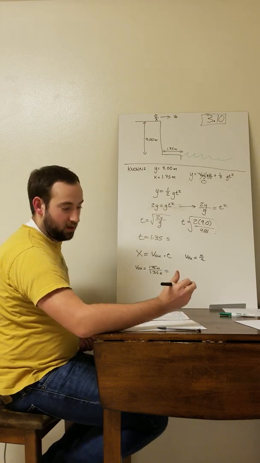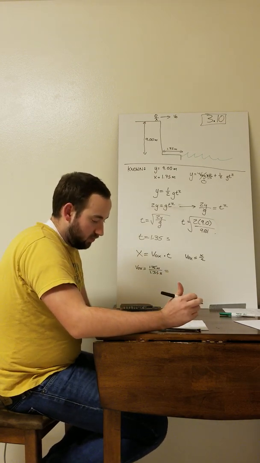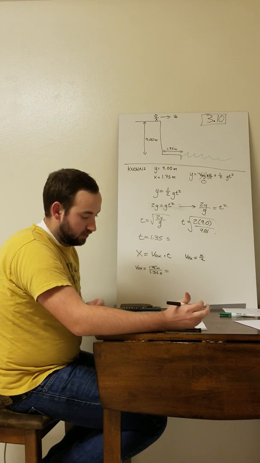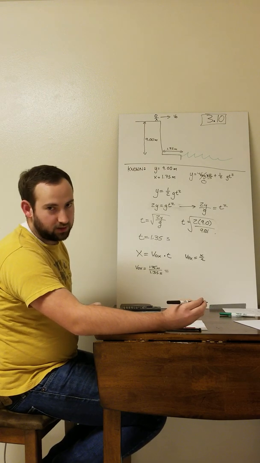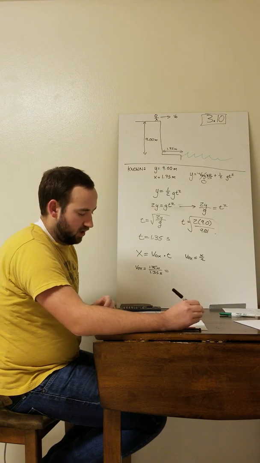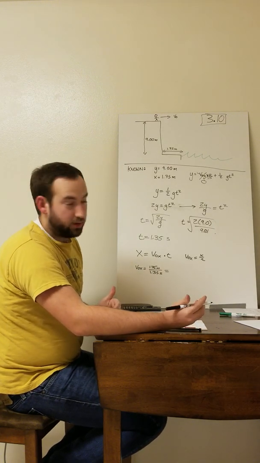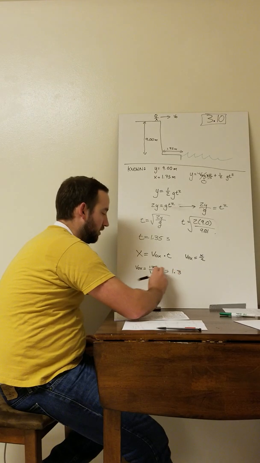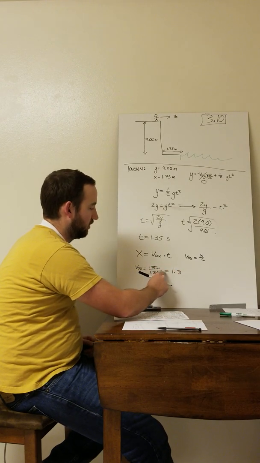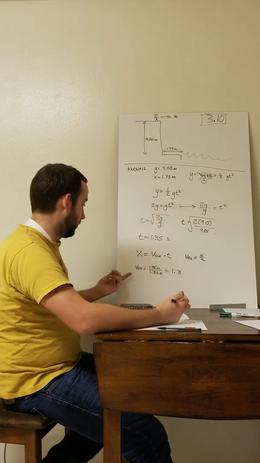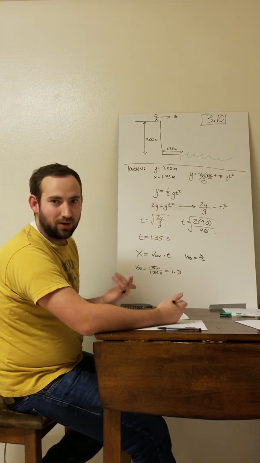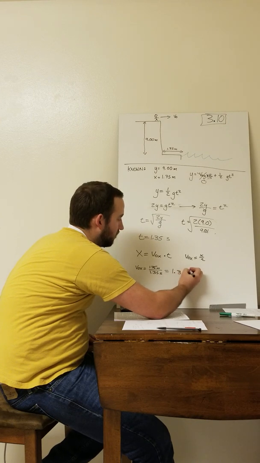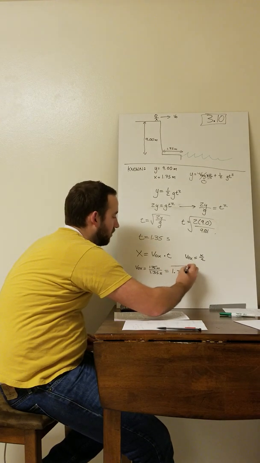When we do that math in the calculator, we end up with an initial velocity in the x direction of 1.296 meters per second, or we'll just round it to 1.3. Remember our units: meters over seconds, which is correct for velocity, so we know our units work out. That's 1.3 meters per second.